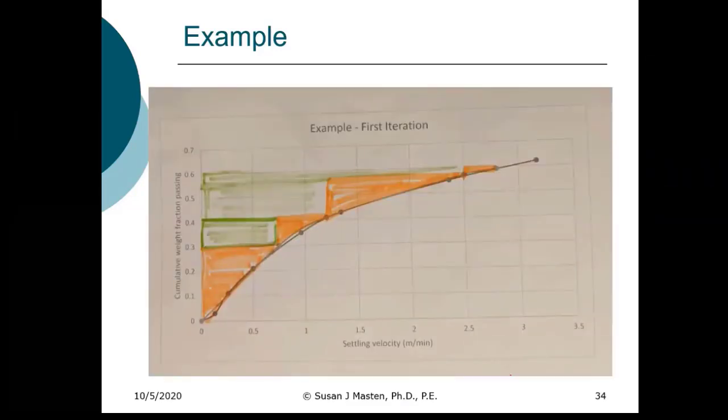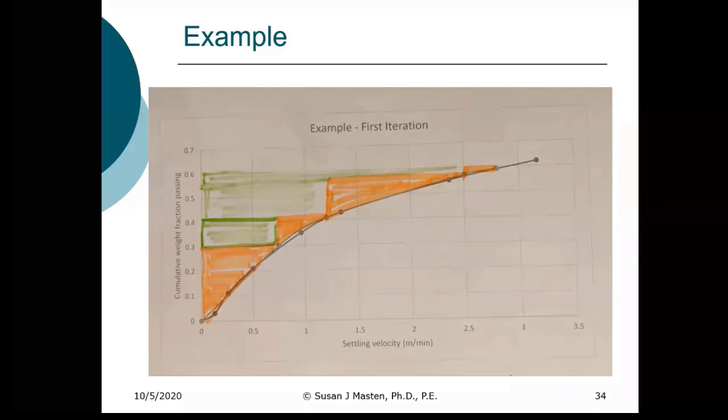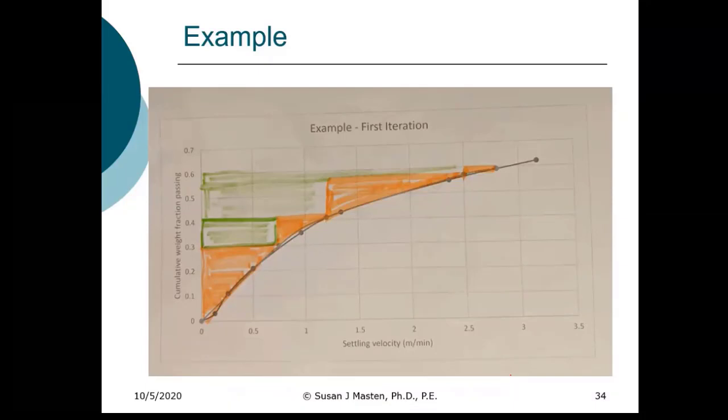And I actually used a spreadsheet to do this, but it helped me to think about what I was calculating with the spreadsheet to calculate the settling velocity.